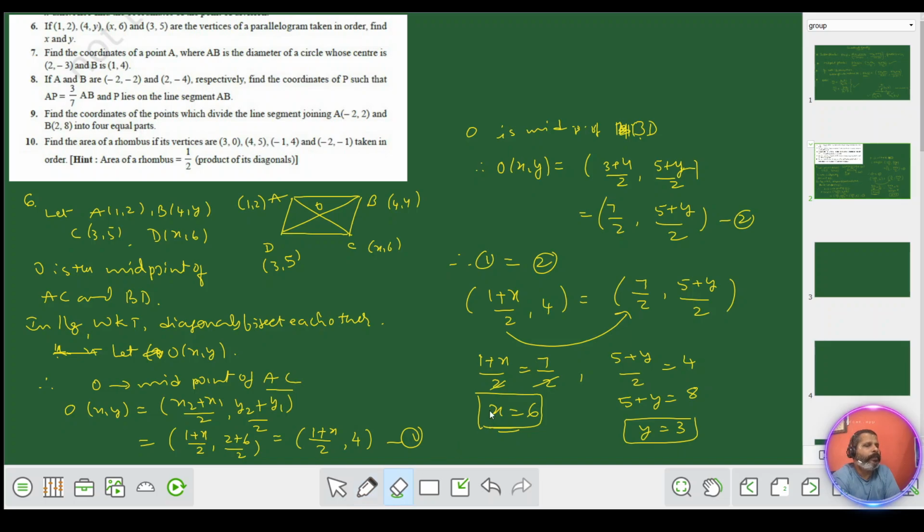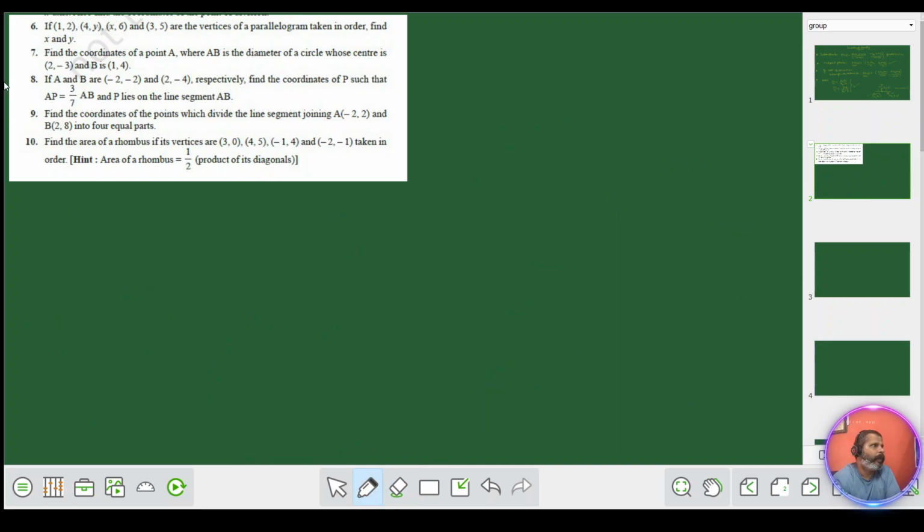We'll move to the next question. Seventh one. Find the coordinates of the point A where AB is the diameter of the circle whose center is (2, -3) and B is (1, 4). The center is given.